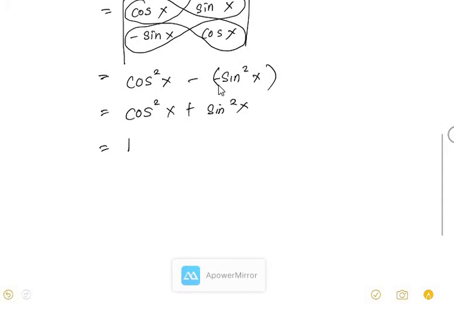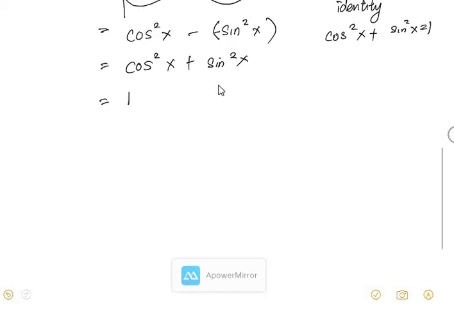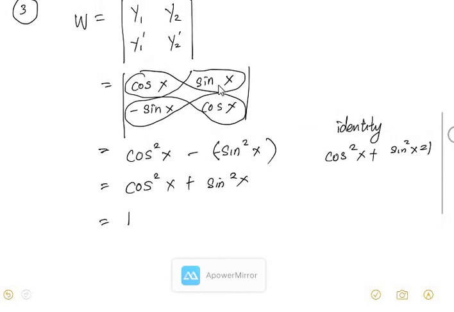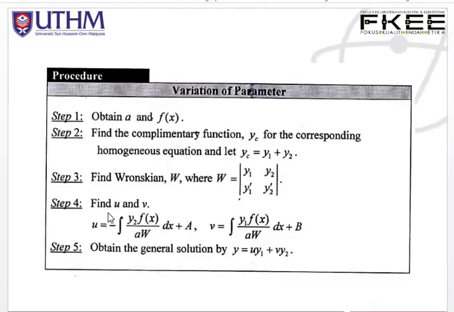So cos squared x plus sin squared x equals 1 because of the identity: cos squared x plus sin squared x equals 1. So step number 3 is finished.